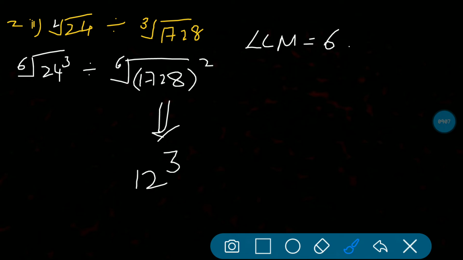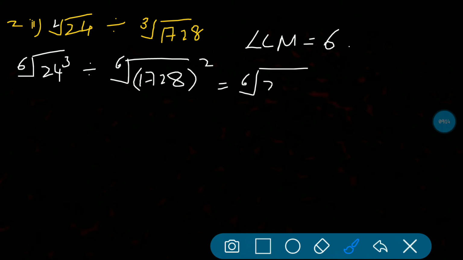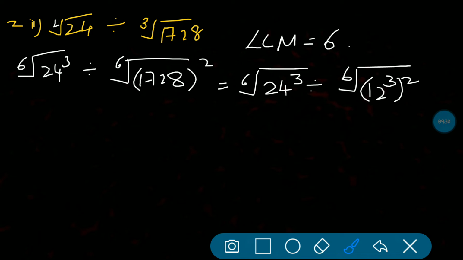So now I am going to write it as 12 cube. So 6th root of 24 cube divided by 6th root of 12 cube whole square. Now this is clear to you, right?